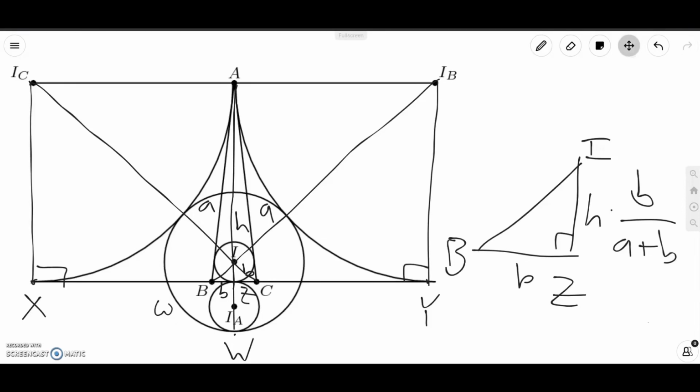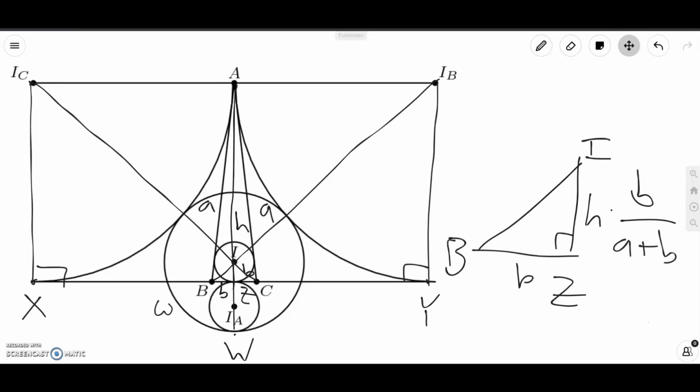So what we can do now is use an interesting property of the X circle, which is that BY and CX are actually the semi-perimeter of triangle ABC. I'll leave a link to prove that in the description. It's not very hard.